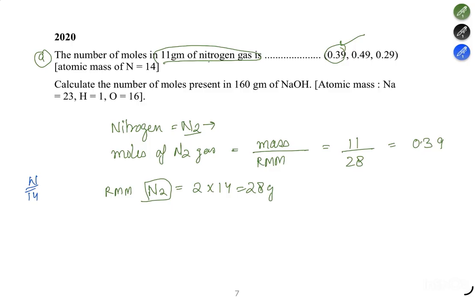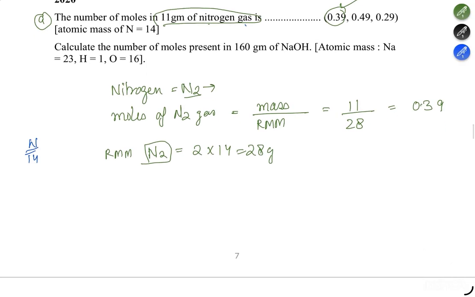So be very careful: if it's a gas, it's a molecule. If it's nitrogen, hydrogen, any gas, you have to take the molecular formula, which is N2. I hope the confusing part is clear now. Let's do the second part of the question. Calculate the number of moles present in 160 gram of NaOH.